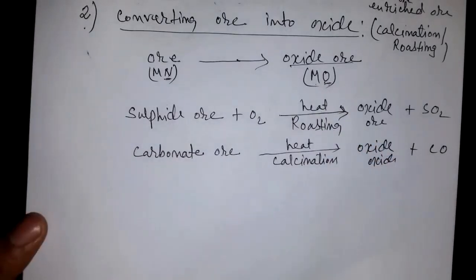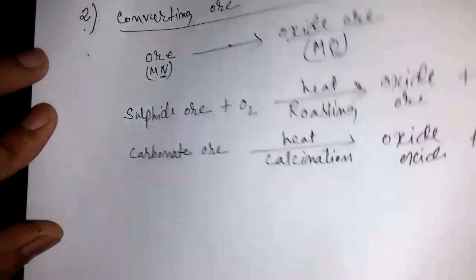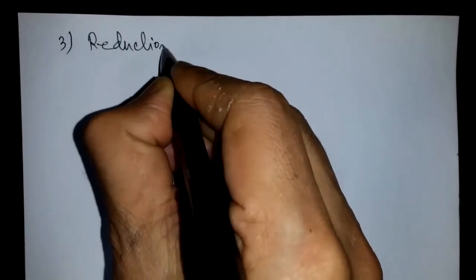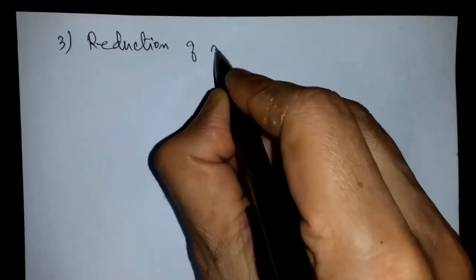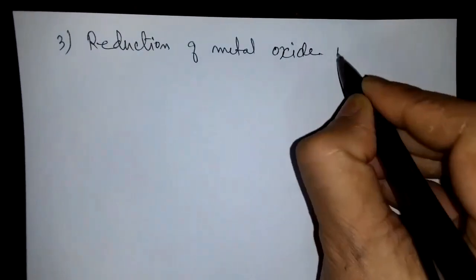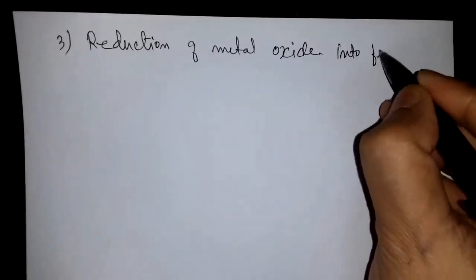After step 2, we go to step 3. The third step of metallurgy is called reduction of metal oxide into free metal.